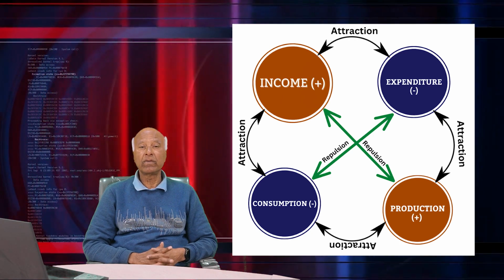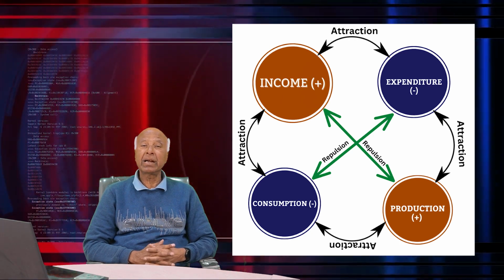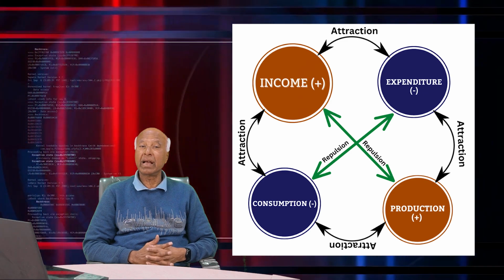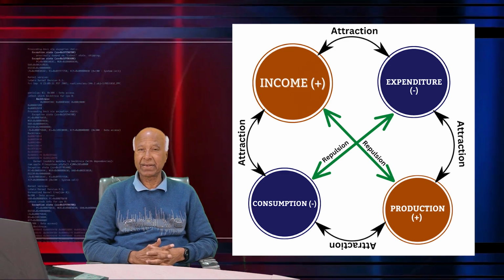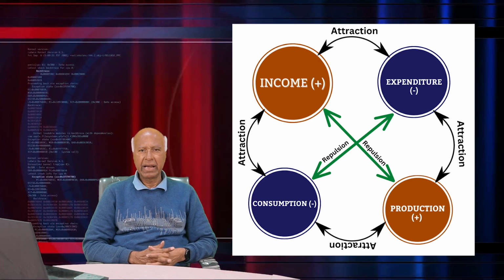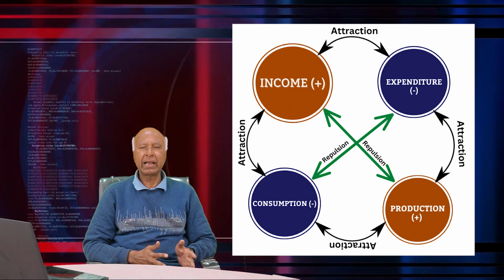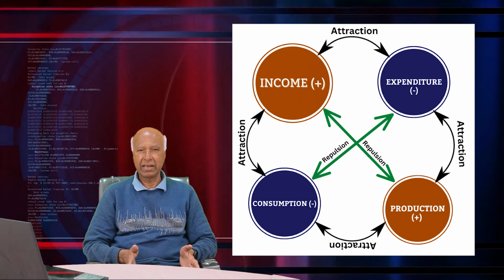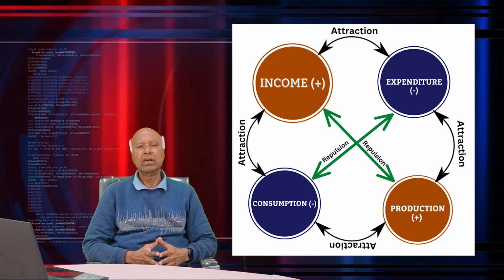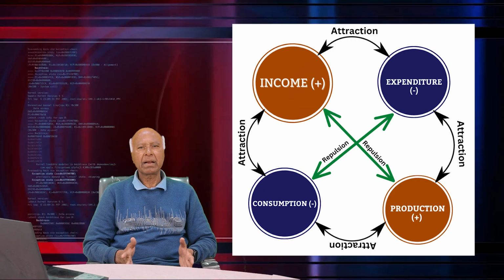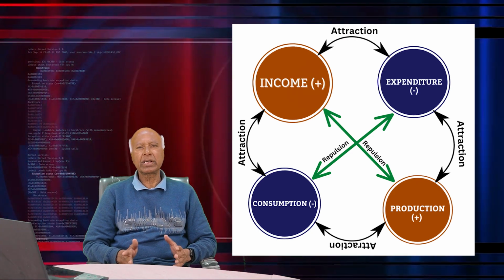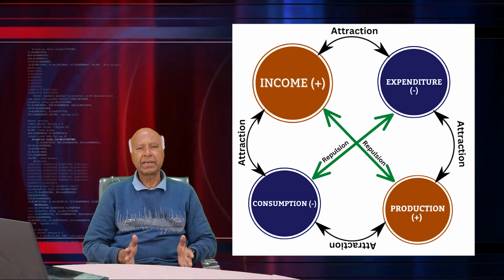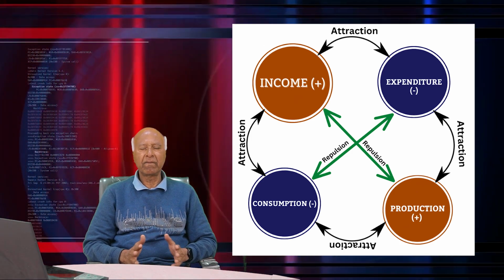Dynamic means it's always changing, but the dynamism has to come to a point of balance. Sooner or later, it cannot tilt in either direction endlessly, because the market forces will force a balance between consumption and production. That means supply and demand.